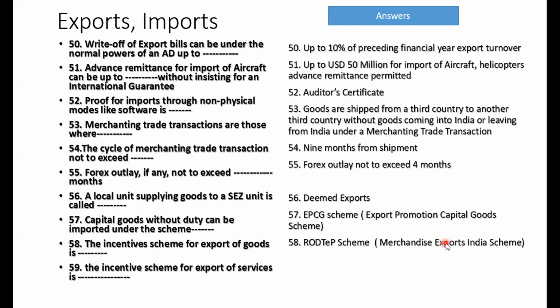That's the meaning. Merchandise export, this is known as all physical goods, not service export. It's an incentive scheme recently, and the incentive scheme for export of services is called SEIS, Service Exports from India Scheme. This remission of duty and taxes on export product is a new scheme. Earlier it was MEIS. Now it's a new scheme. That is why just keep in mind, 1 mark, don't lose.